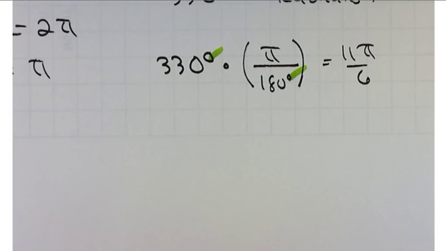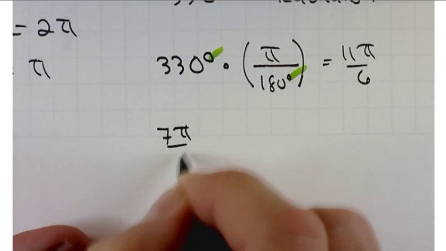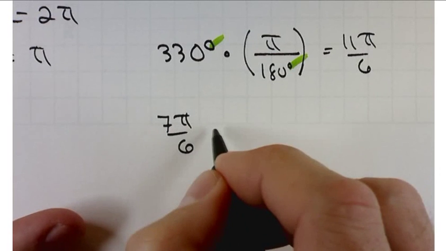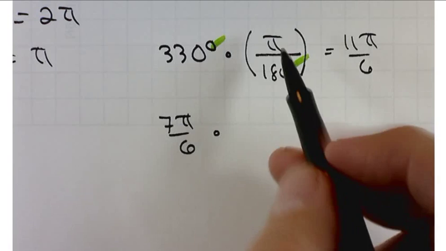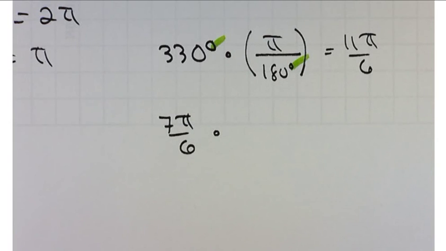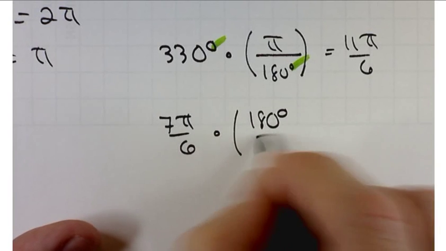In the other direction, if I have an angle, say like 7 pi over 6, and I want to convert this to degrees, I'm still going to use this ratio. But this time I'm going to use its reciprocal, because the units that I want to cancel out are the pi's, the radians. 180 degrees divided by pi.